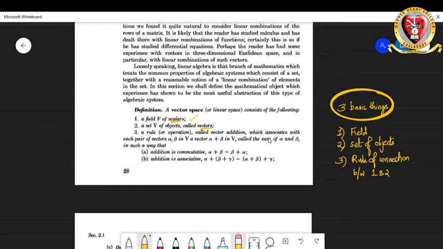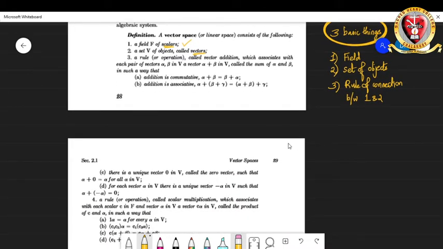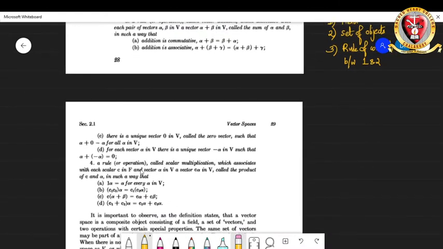That means it associates with each pair of vectors alpha, beta in V, alpha plus beta in V, called the sum of alpha and beta, in such a way that alpha plus beta is equal to beta plus alpha, and alpha plus beta plus gamma is equal to alpha plus beta plus gamma, and there is a unique vector 0 in the set of vectors such that alpha plus 0 is equal to 0 plus alpha is equal to alpha for every alpha in the set of vectors, and for each vector alpha there will be a unique vector called minus alpha, where alpha and minus alpha summed up give 0.